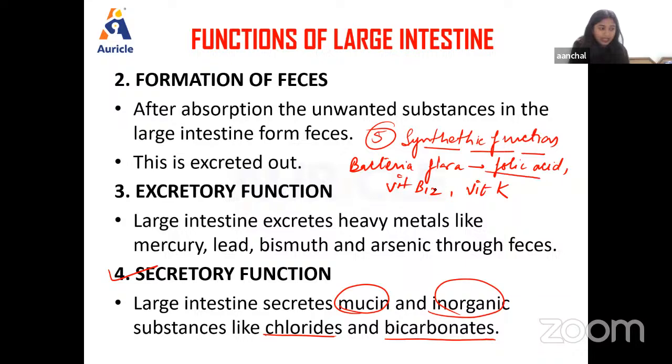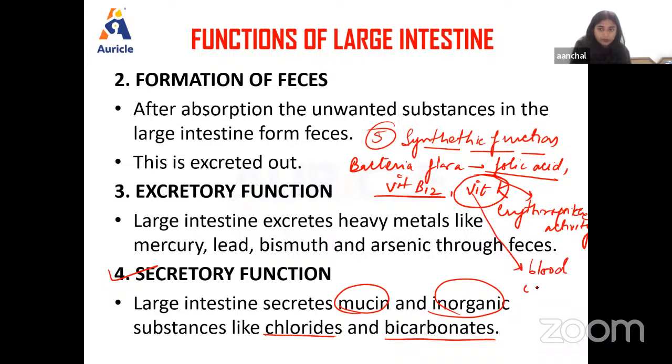As we know, both folic acid and vitamin B12 are responsible for the maturation of RBCs. So in this way the large intestine also contributes to erythropoietic activity. And vitamin K helps in the blood clotting mechanism. Clear? So this is the synthetic function performed by the large intestine.